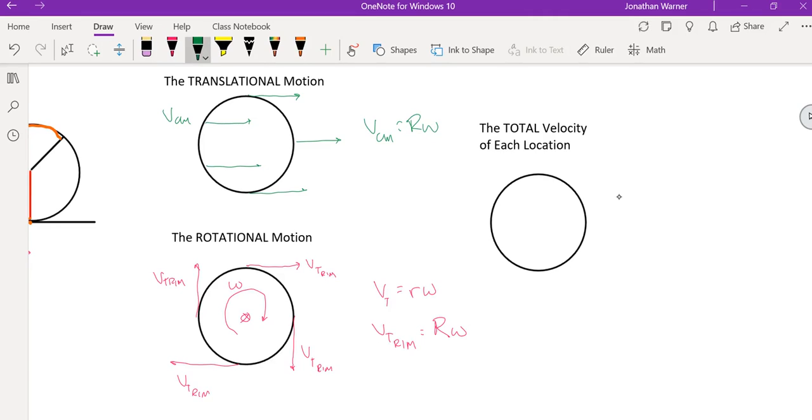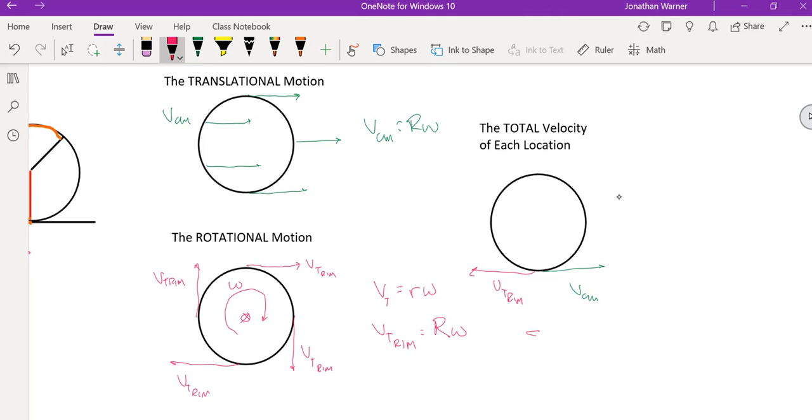So look, at the bottom, we've got a V_CM this way. We also have a V_T rim that way. And guess what? The sizes of those are equal.